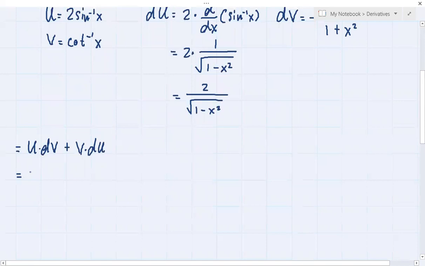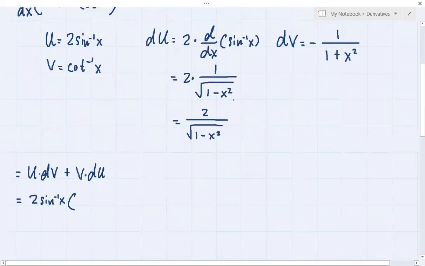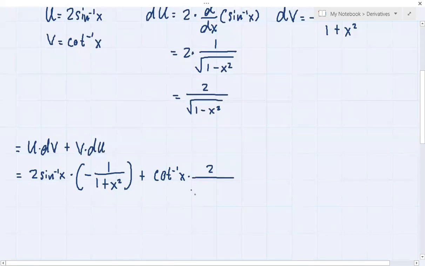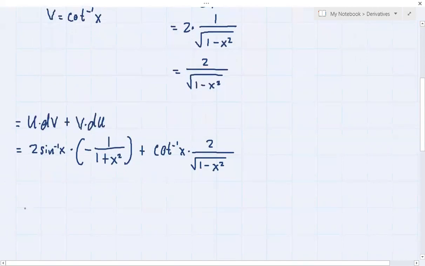So our u is 2 times arcsine, times dv, which is negative 1 all over 1 plus x squared, plus v, which is arccotangent, times du, which is 2 all over the square root of 1 minus x squared.